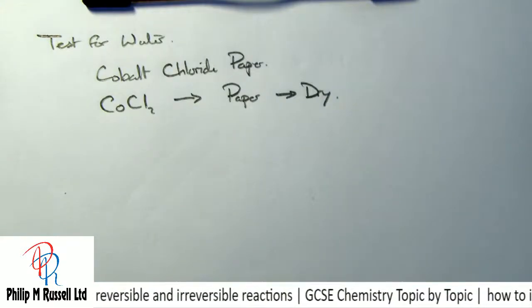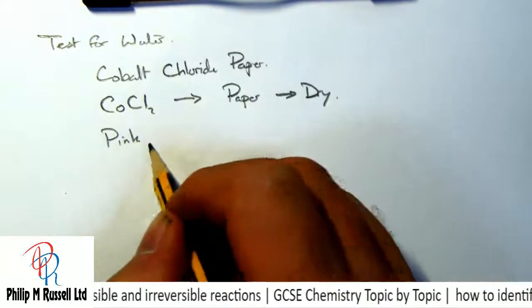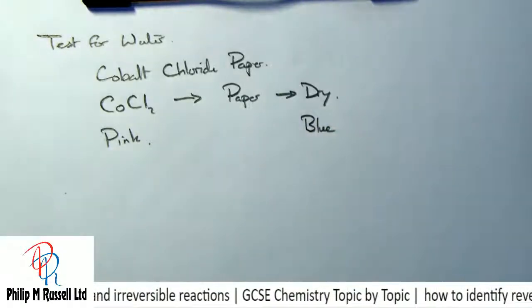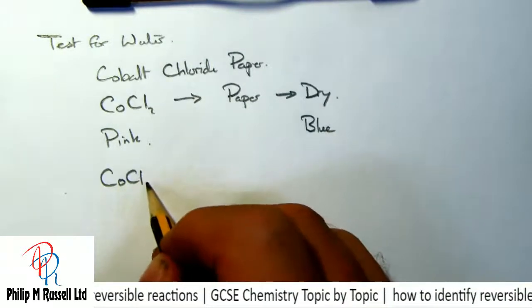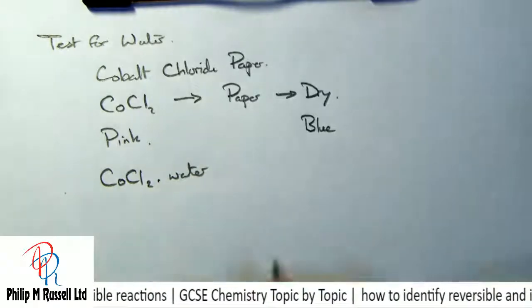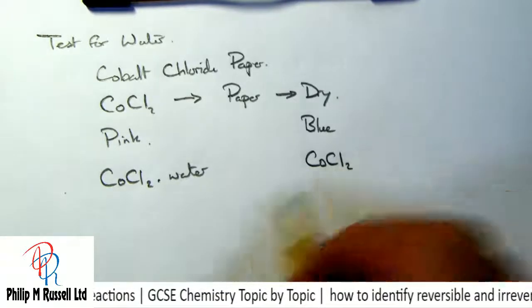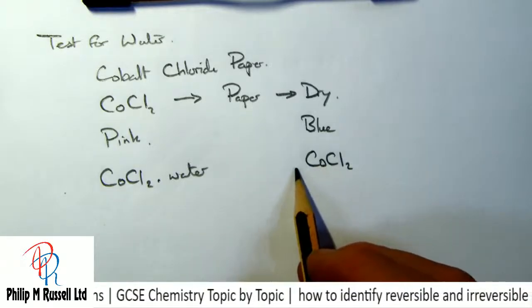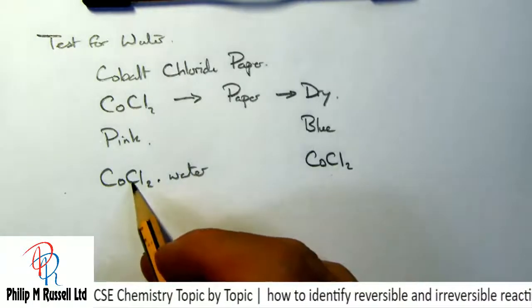And what happens is basically this is a sort of pinkish solution, and it turns blue when it's dry. What's happening is I've got cobalt chloride with some water added to it, and when I dry it out we end up with some cobalt chloride without any water. And only when you add water to this does this turn from blue to pink.